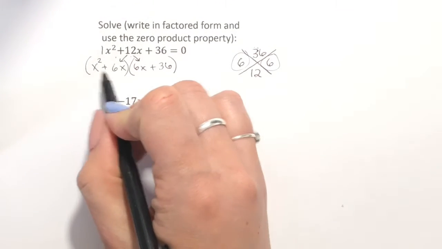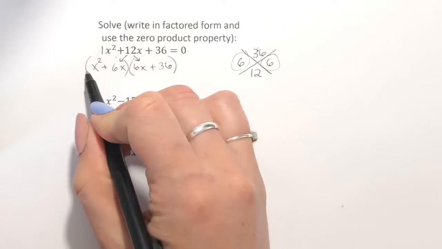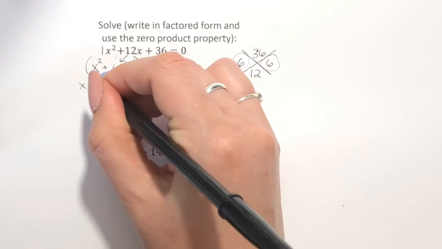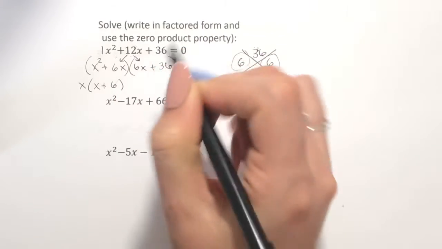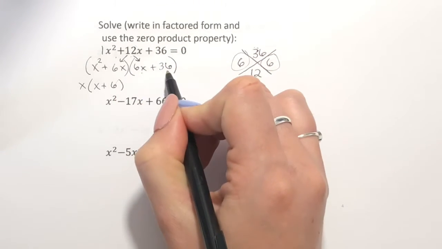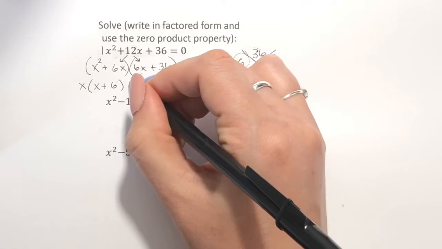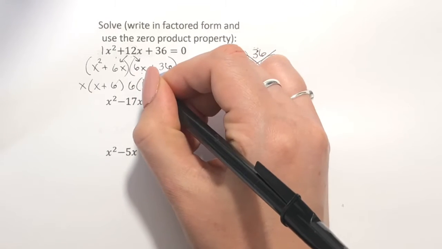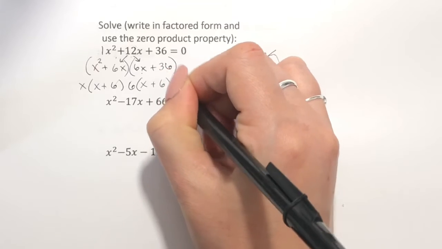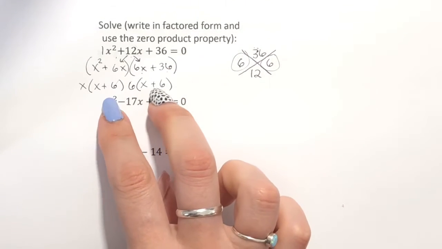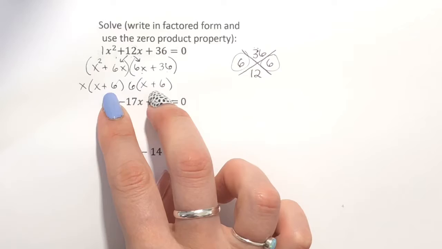So for the first group, x squared plus 6x, we can take an x away from both. So if I take an x away, I'm left with x plus 6 inside. And then for 6x plus 36, there's a 6 in common. So if I take a 6 out, I'm left with x, and then 36 divided by 6 is 6. And just a reminder, these should match. So since they're both x plus 6, that means we did it right.